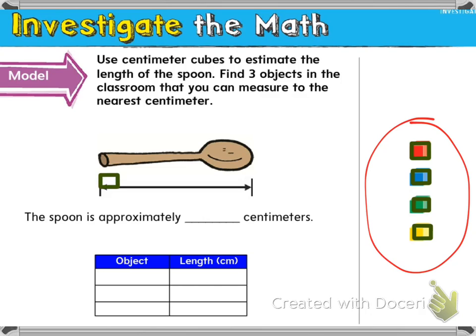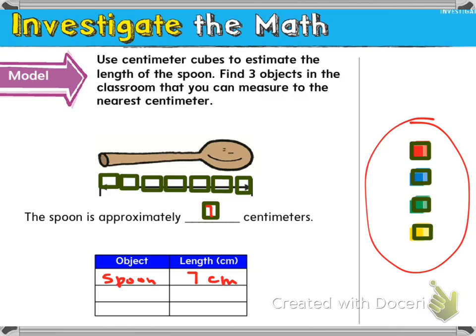So maybe 1, 2, 3, 4, 5, 6, 7. So I would estimate that the spoon is approximately 7 centimeters. So the object is a spoon, and the length is 7 centimeters.